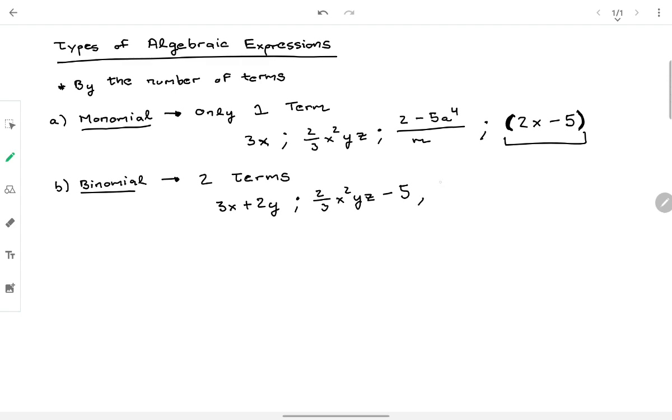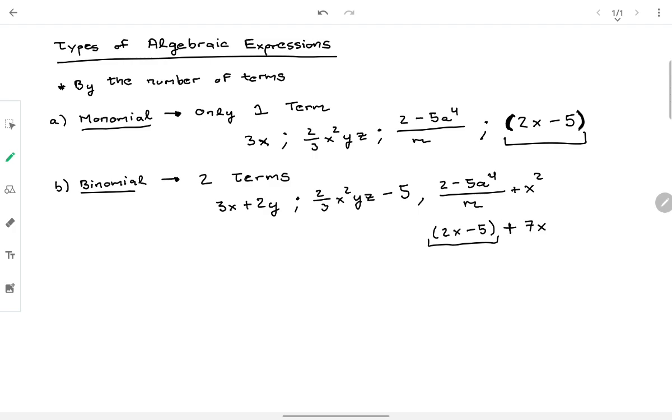Maybe we can have something like 2 minus 5a to the fourth over m plus x squared. That will be also a binomial. And to have a binomial in parentheses, we need something like this. Maybe the same that we have on the top, (2x minus 5). That will be a binomial because it's in parentheses, but then we can have another sign, and this will be a binomial because that expression in parentheses is a monomial.